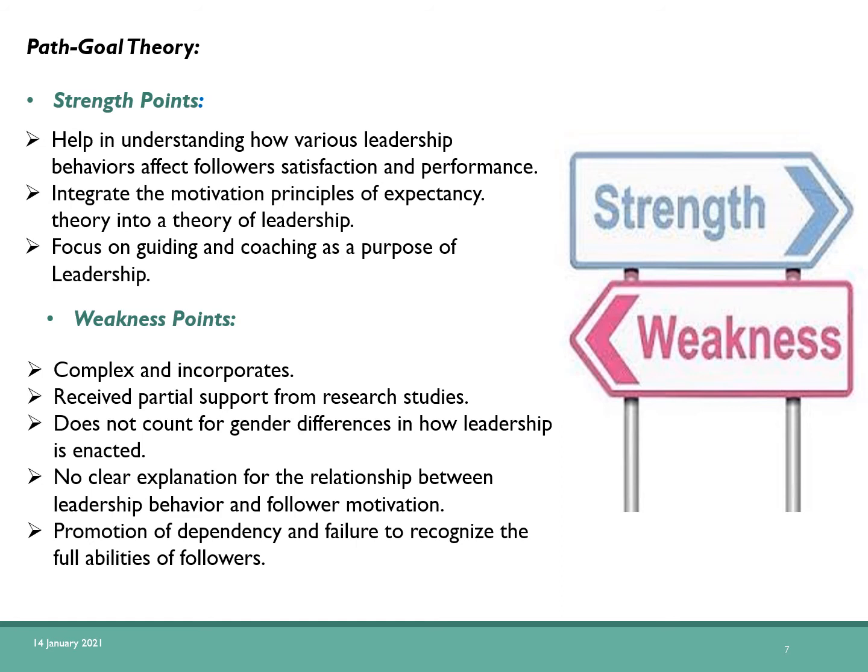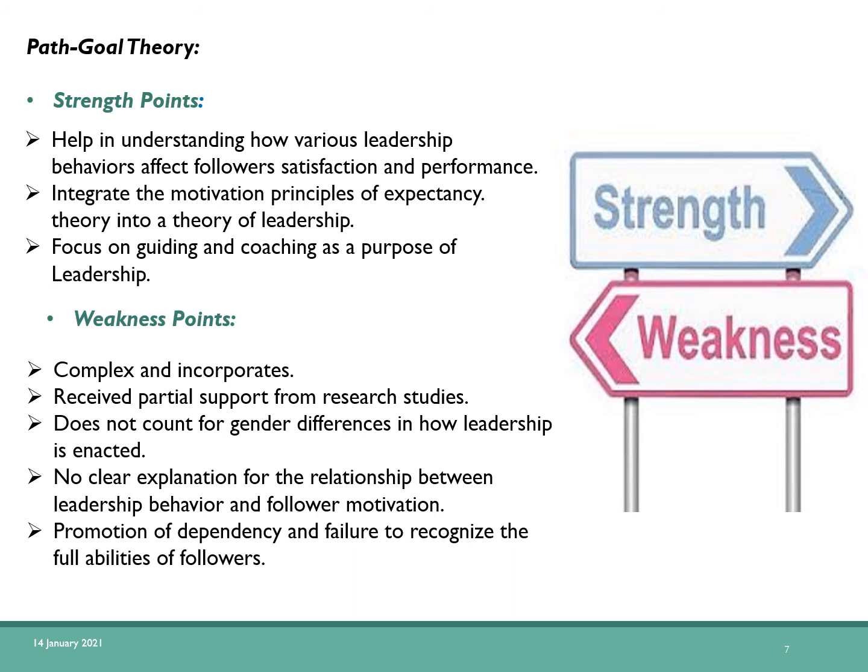The third point is that this theory doesn't account for gender differences in how leadership is enacted. Researchers criticized the theory for relying on leader behaviors as a primary means to motivate the followers. As well, there are no clear explanations for the relationship between leader behavior and follower motivation.